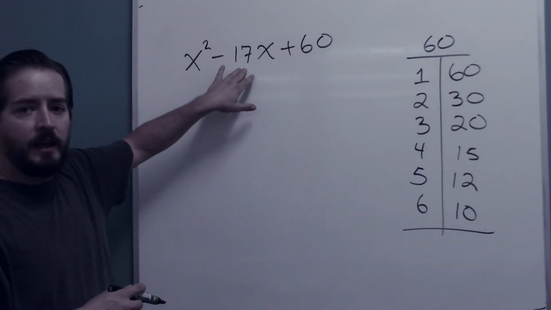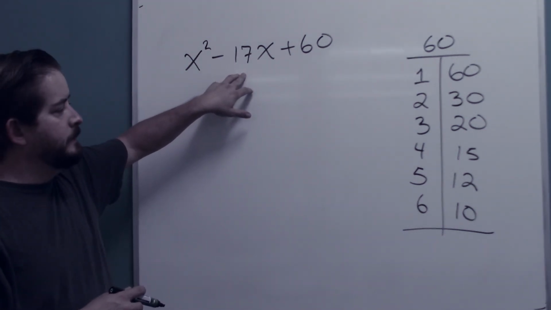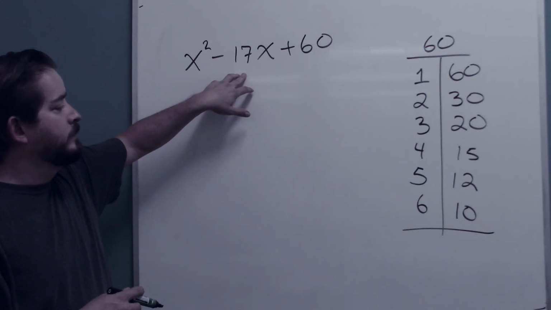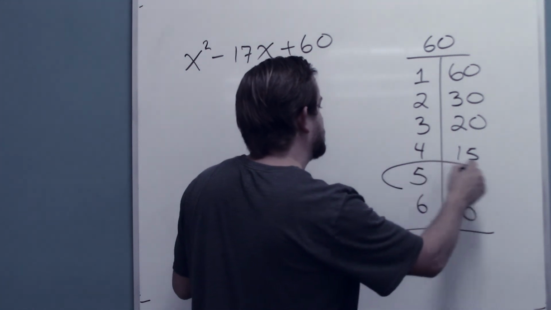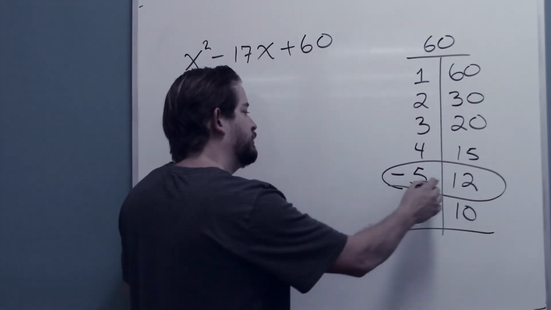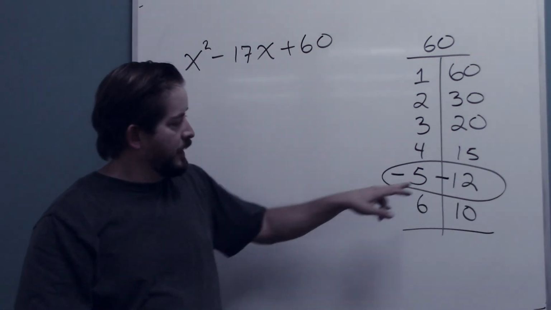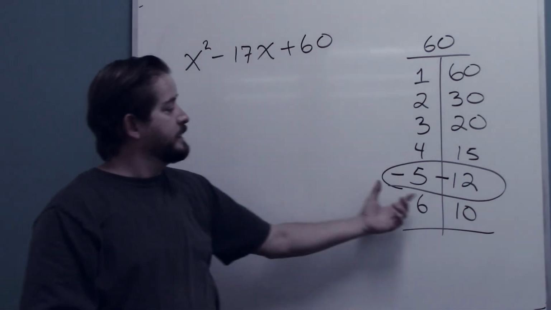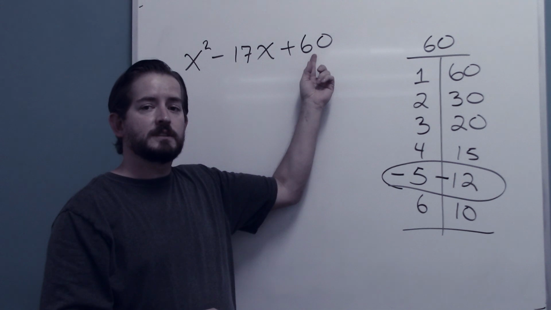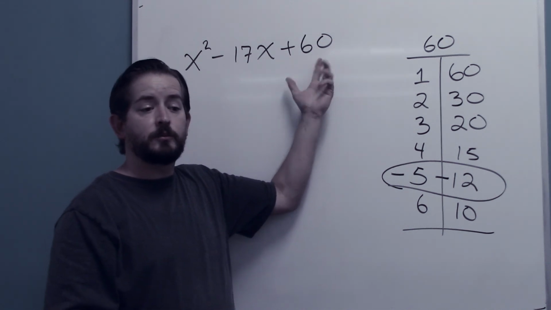Now I have to combine to be a negative 17, right? And so if I look at these guys right here, and I call them both negative, negative 12 and negative 5 combine to be negative 17, and they still multiply to give me a positive 60, right? So those are my two.